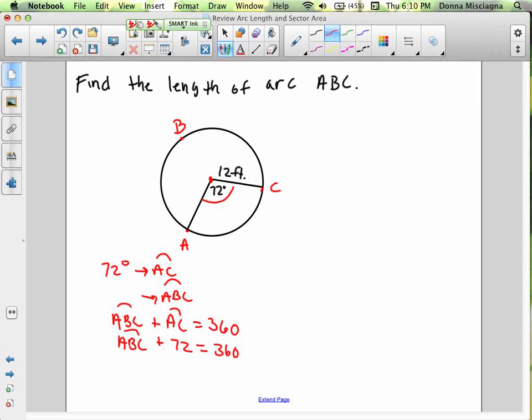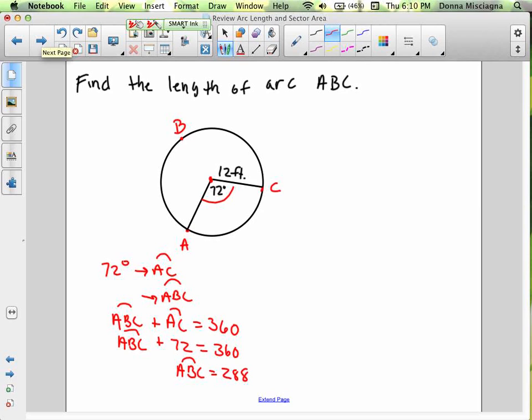So subtract 72 from both sides. Arc ABC is going to be 218. Right? No. Somehow I lost something there. 288.